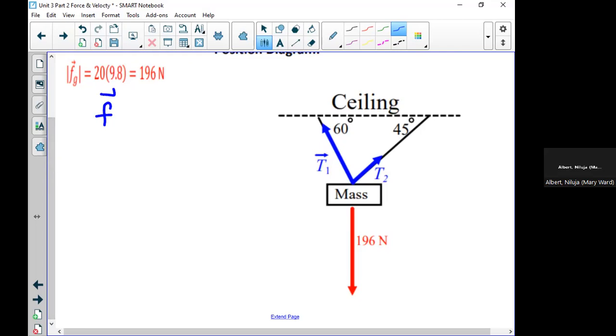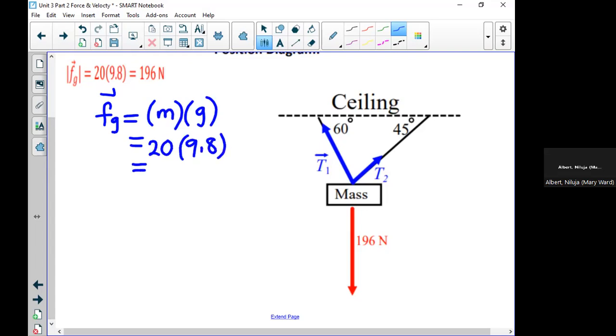So my force due to gravity is equal to the mass of the object times the gravitational field strength, which is going to give me 20 times 9.8, which is equal to 196 newtons. Okay, so that's all we need to know from the position diagram. Since the mass is not moving, I know there is tension in the rope.